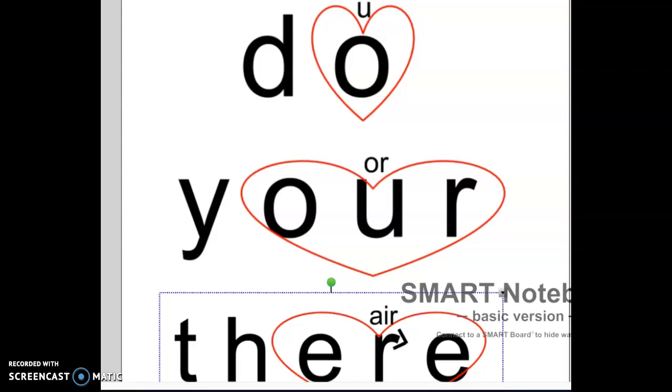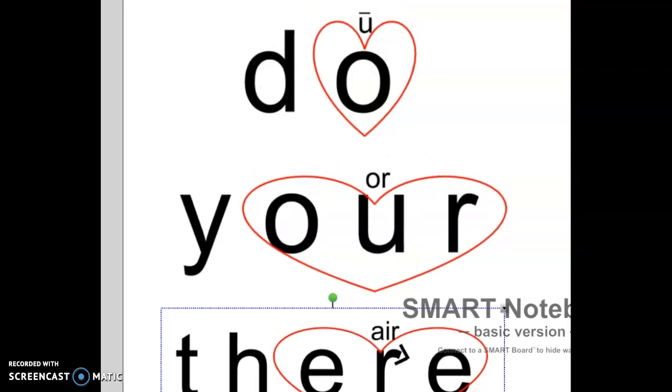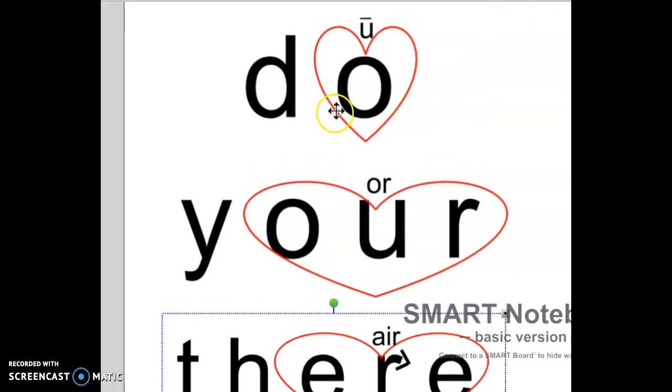So do is a word that actually should say "doe", because in phonetic skill 3 it says if you have a consonant followed by a vowel with no guardian consonants, that means that this should be a long O. And it's not a long O, so it actually makes a long U sound, "do", instead of "doe".